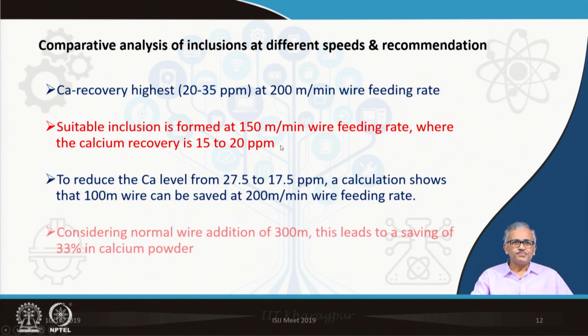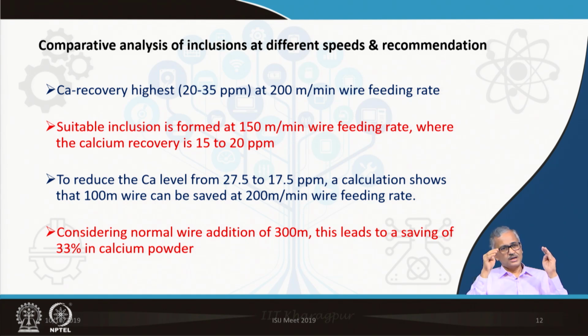So, considering a normal wire addition of 300 meter, this leads to a saving of 100 meter, that means 33% in the calcium powder. So, it was an interesting result. If I operate at an optimum operating condition, then my recovery will be maximum. In that case, I can reduce a lot of wire addition such that I can get an optimum level of calcium in the bath.